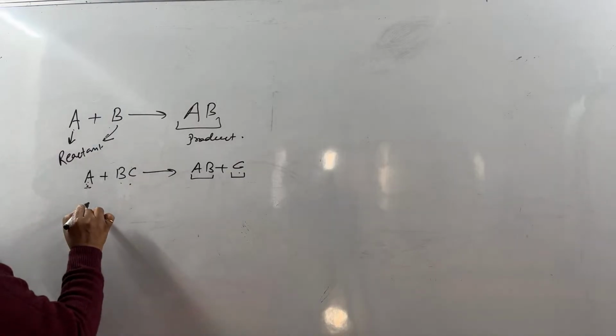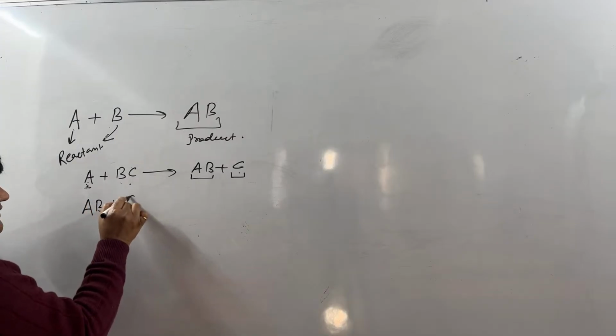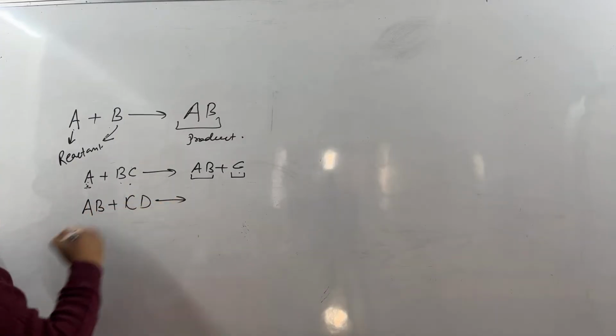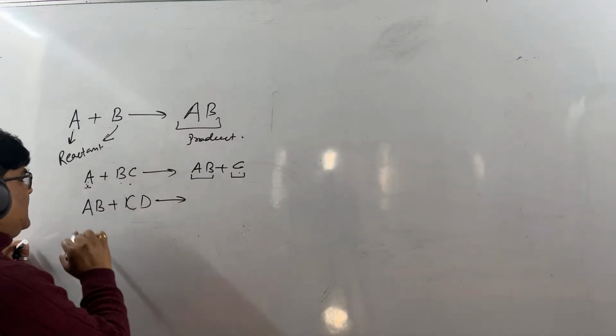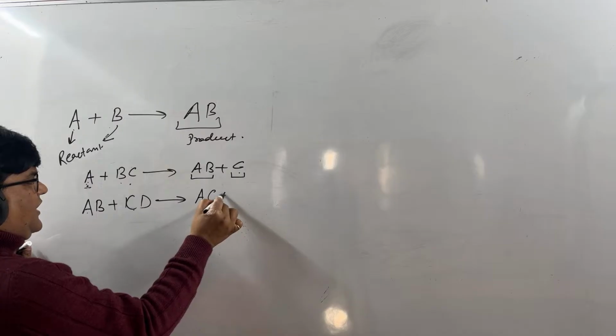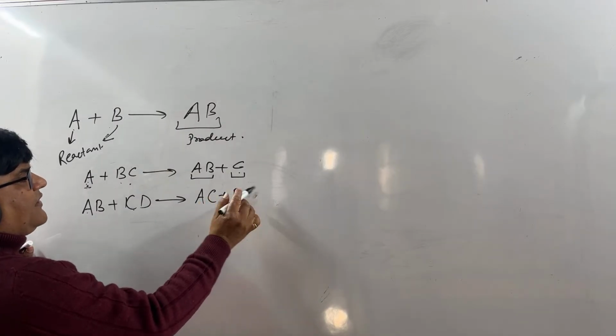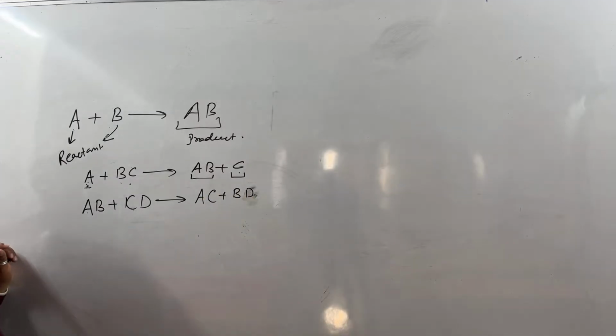Now one more reaction. This is A, this is B, this is C, this is D. When the reaction takes place, A reacts with C and B reacts with D, and in this way we get AC plus BD.